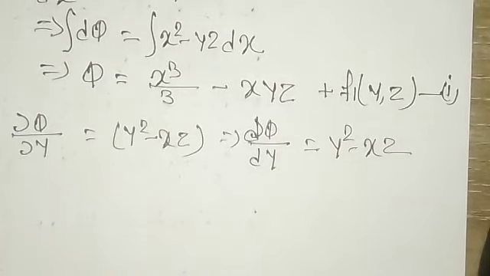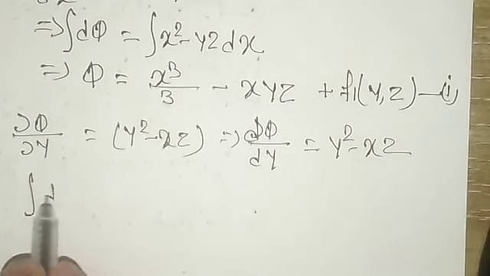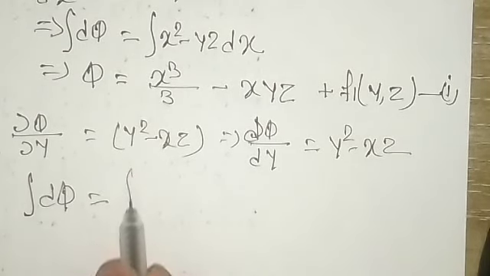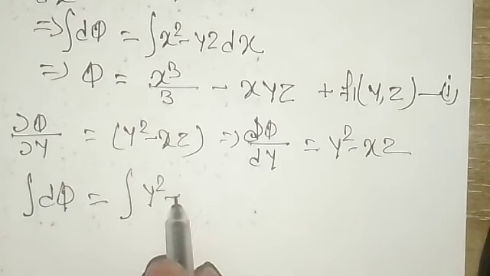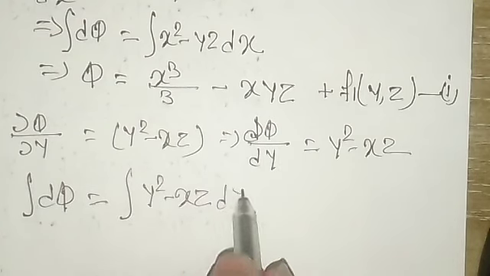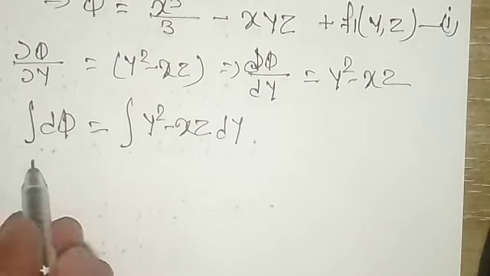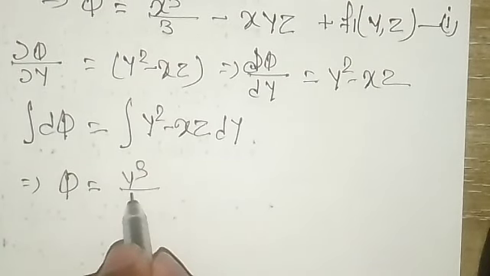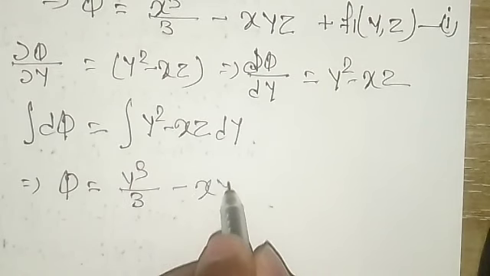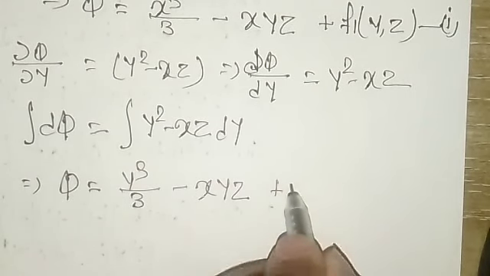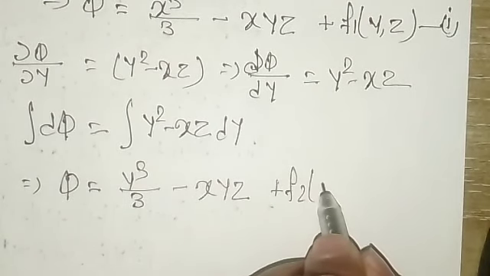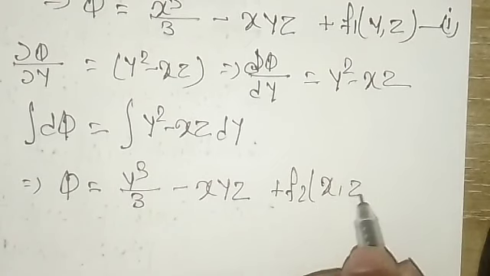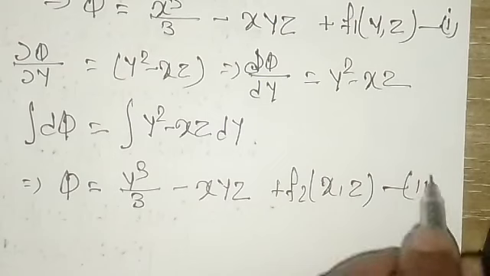So cross multiply, then you can say integration of dφ is equal to, same method you have to apply, that is (y² minus xz) dy. All right. So this is what we'll get, φ is equal to y³/3 minus xyz plus f2, which is a function of x and z, right? Let's say it is equation 2, right?